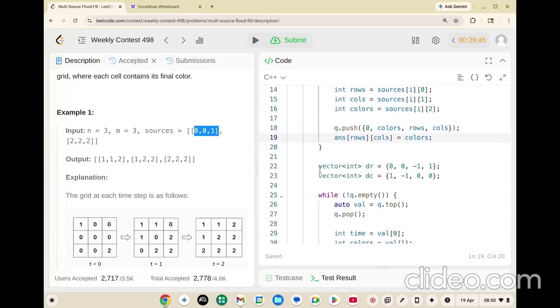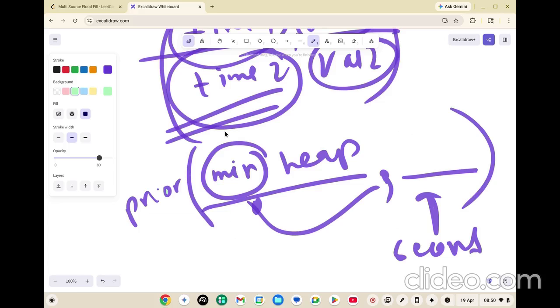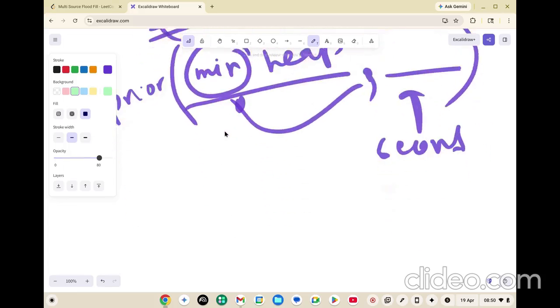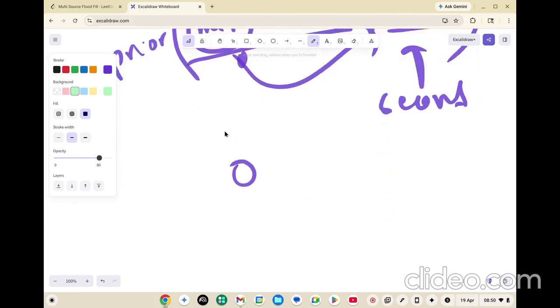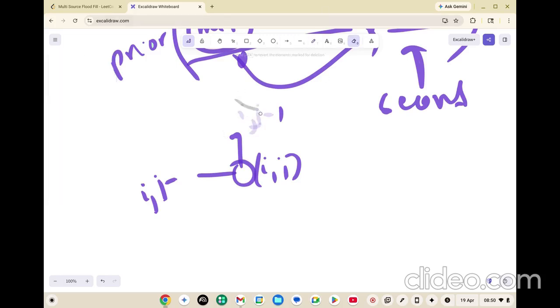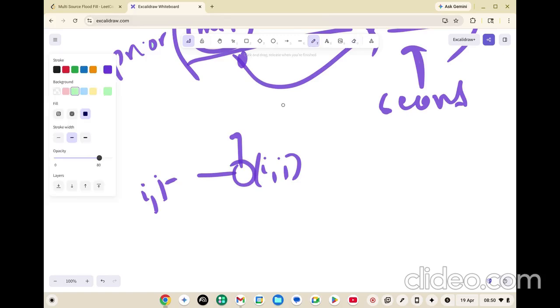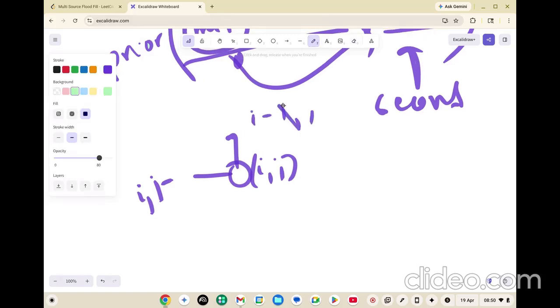Now we have created vectors dr and dc. You will understand what this is. Like, what does this do? Let's say you are standing at any position, let's call it I comma j, right? So every time you can go to I comma j minus 1, right? Or, sorry, you will go to the upper value, which is I minus 1 comma j, right?